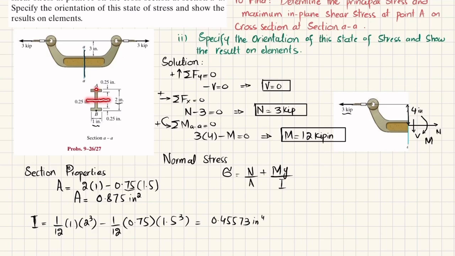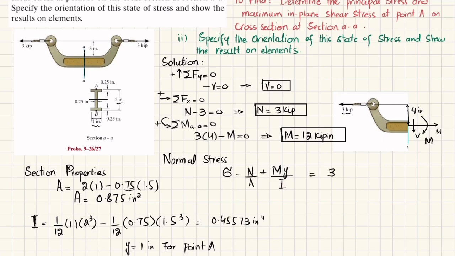Now you have all these values, and we have to find the principal stress at point A. A is at a distance of 1 from this neutral axis, so Y is equal to 1 inch for point A. Now you can just put in the values.